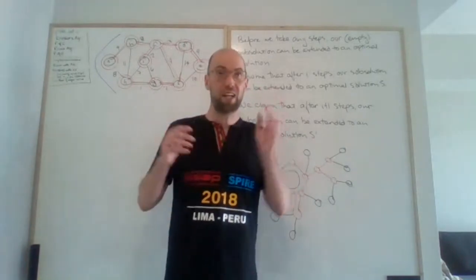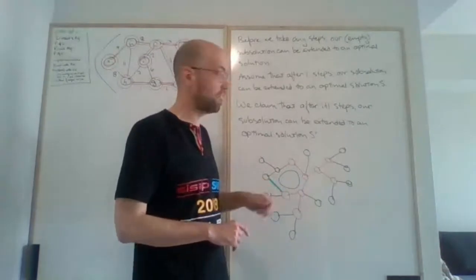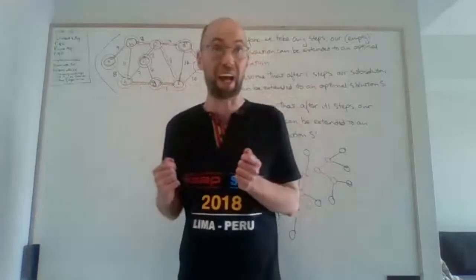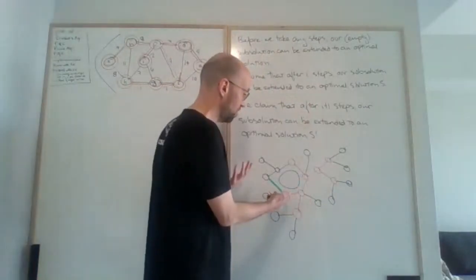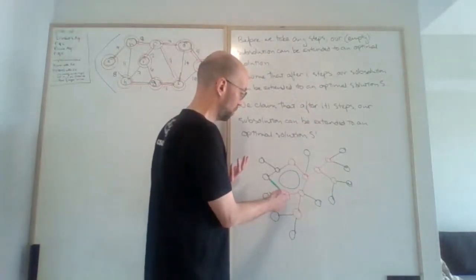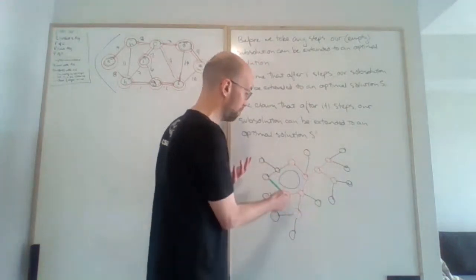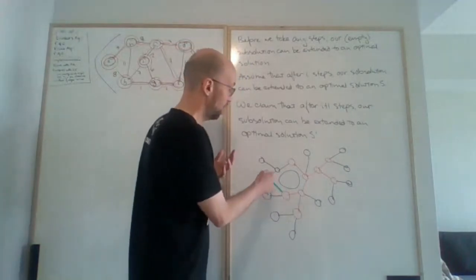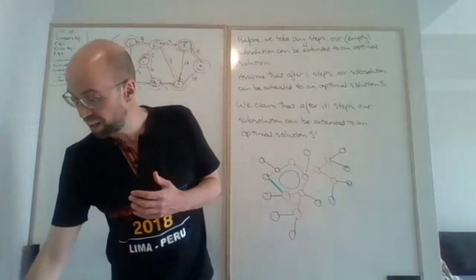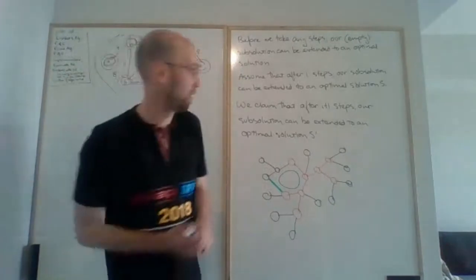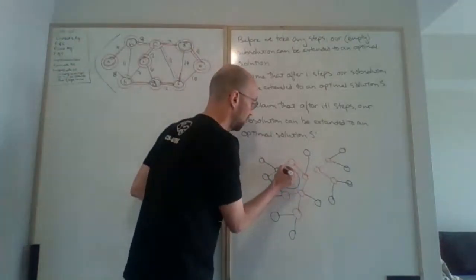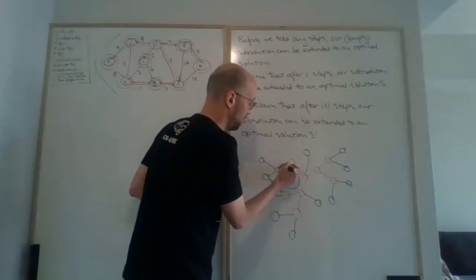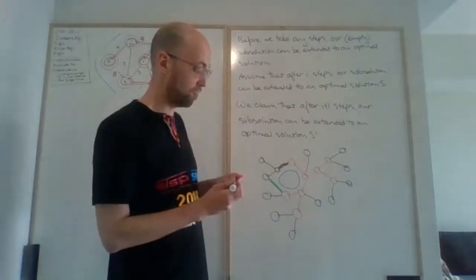This green edge we take leaves the tree, and the cycle has to have another edge that comes back, because we have to be able to go from this end, cross this edge, go around, and get back here again. So it has to have some edge, like this one, that is not in the tree and is incident to the tree.